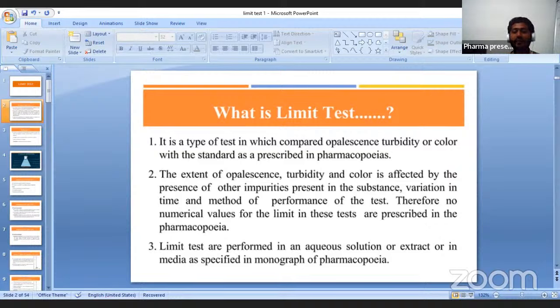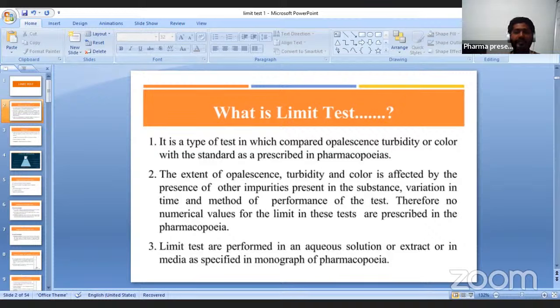Coming to the next, the test for sulfates. In this test for sulfate, we take a specific weight of our sample, according to pharmacopoeial standards. Then we take 0.1089 weight by volume of potassium sulfate as the standard in a Nessler cylinder. Then we add 2 ml of dilute HCl and make up the volume to 45 ml.